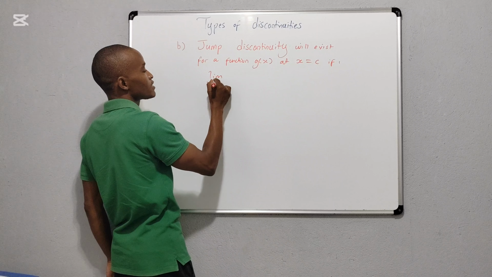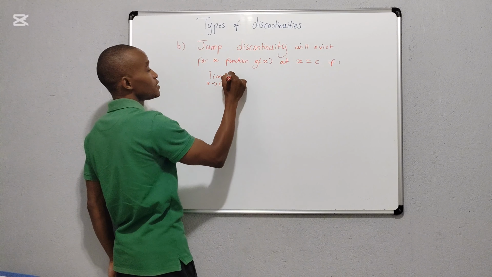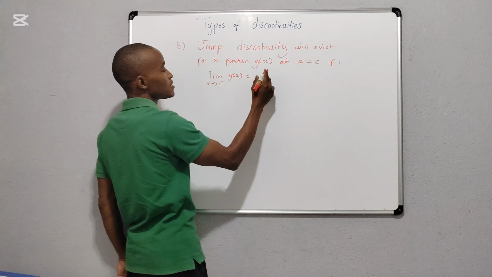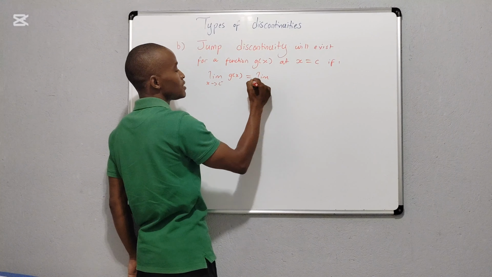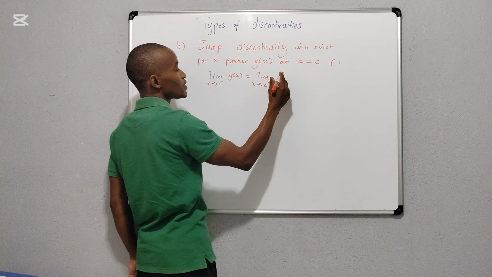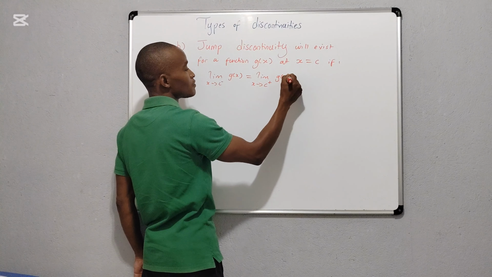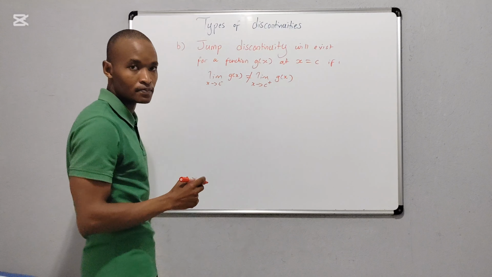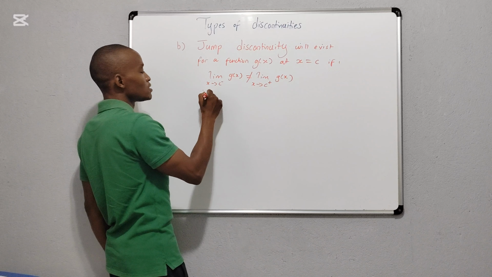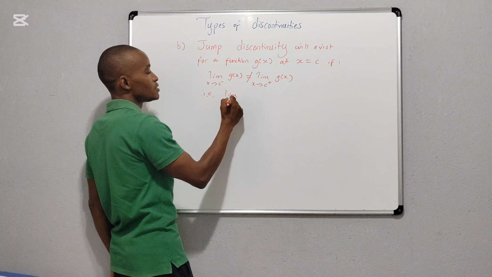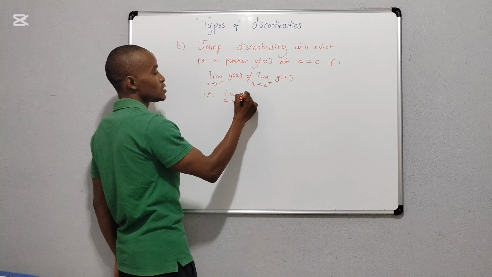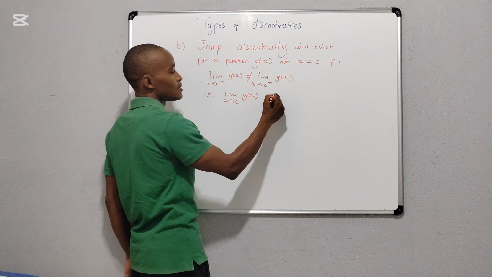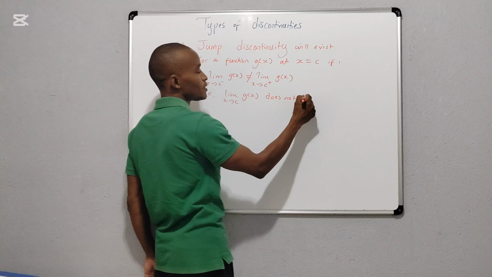The limit as x approaches c from the left of g of x is equal to the limit as x approaches c from the right of g of x. Sorry, they are not equal. In other words, the limit as x approaches c of g of x does not exist.